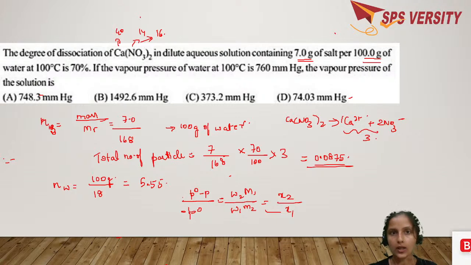So the P naught value, the vapor pressure of water they have given, 760 minus P divided by 760, is equal to X2. X2 is nothing but the mole fraction of the solute, N2 divided by the total number of moles.